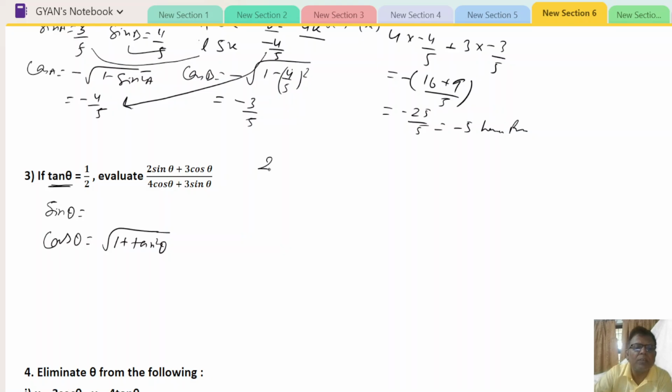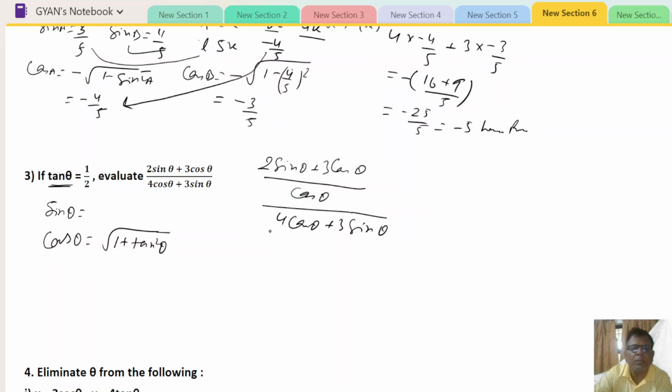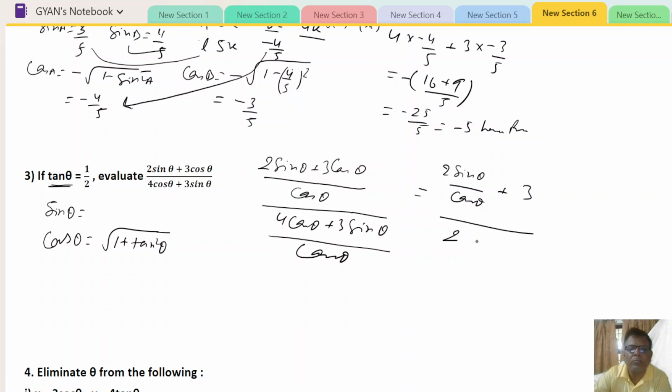So how will you convert: 2 sine theta plus 3 cos theta divided by cos theta, and 4 cos theta plus 3 sine theta divided by cos theta. So that is equal to, split it, 2 sine theta by cos theta plus 3, and 4 plus 3 sine theta by cos theta.